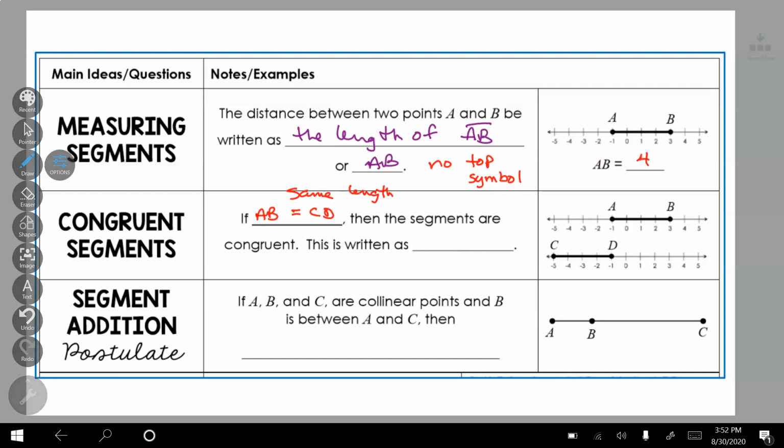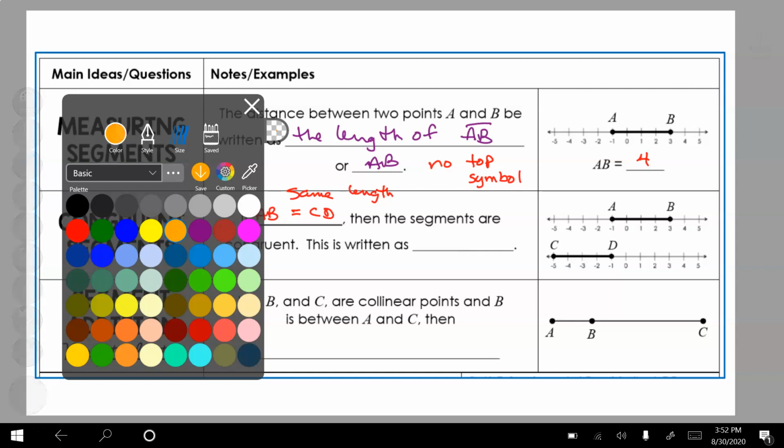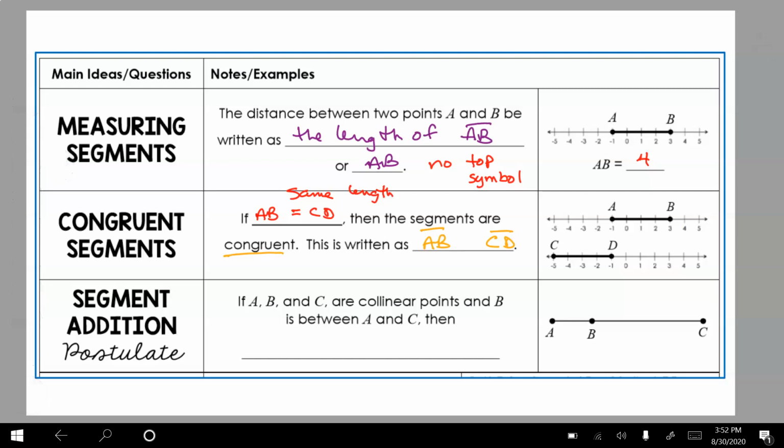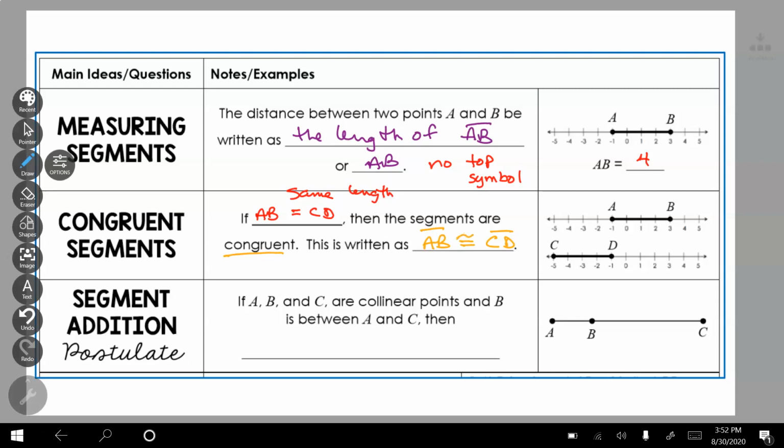But then we want to talk about how these segments are the same length, and we use something called congruent. When we talk about segment AB and segment CD, you see now they're not lengths anymore, they're segments. It has a little top symbol to indicate that. We can't put an equal sign in there. When we talk about something geometric that is the same size or the same length, we use an equal sign with a little squiggly on top, and that stands for congruent.